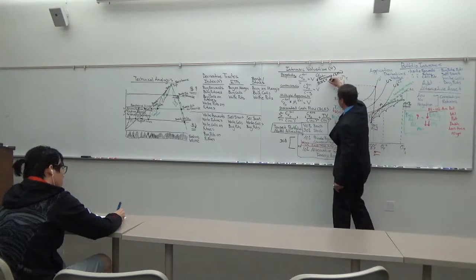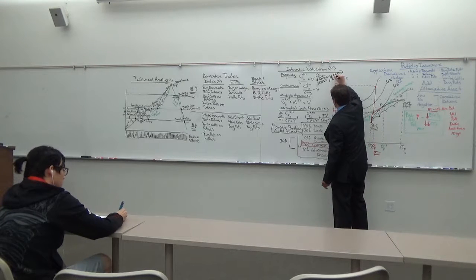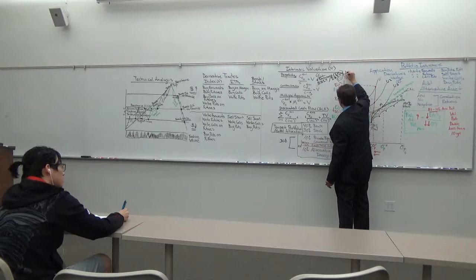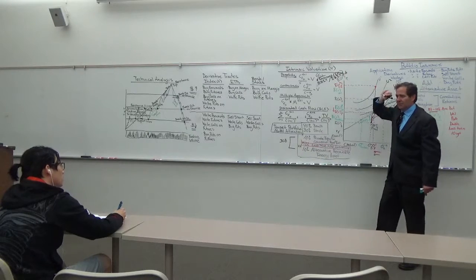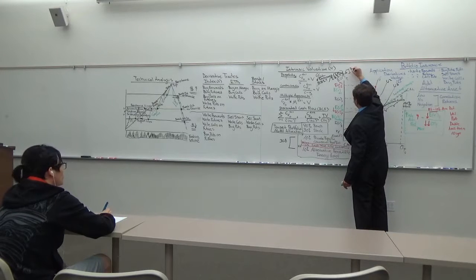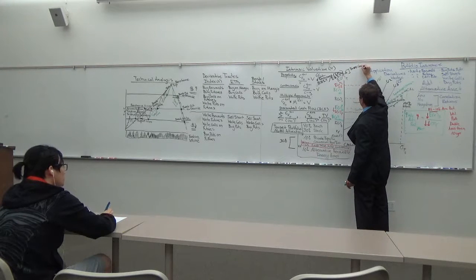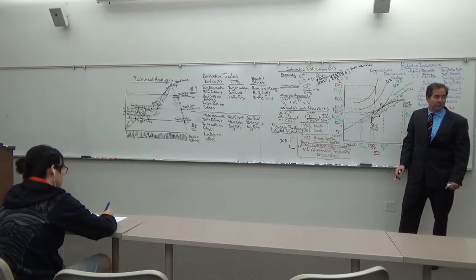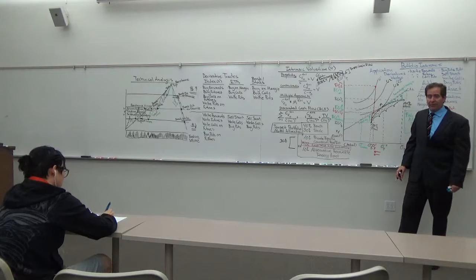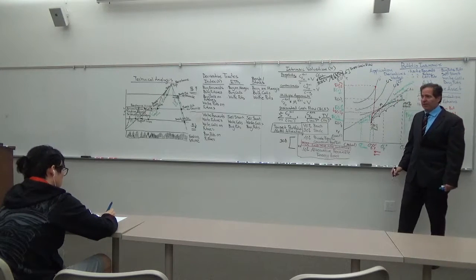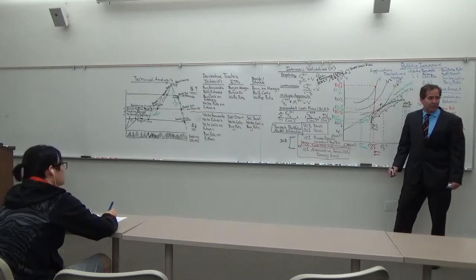I can also use earnings before interest, taxes, depreciation, and amortization, EBITDA, which is also called free cash flow. And I can do that on a per share basis too. If I want to value the firm, I can look at total EBIT and EBITDA. If I want to value the share, I can look at EBIT and EBITDA per share.